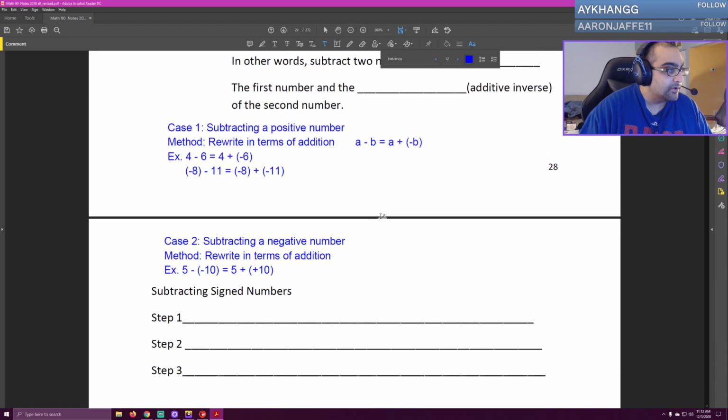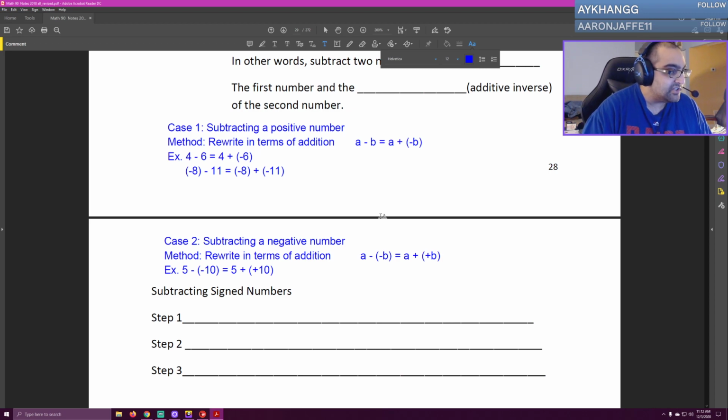All right, so basically, if I have a minus negative b, regardless of whatever a and b are, then this is going to equal a plus positive b, or a plus b.